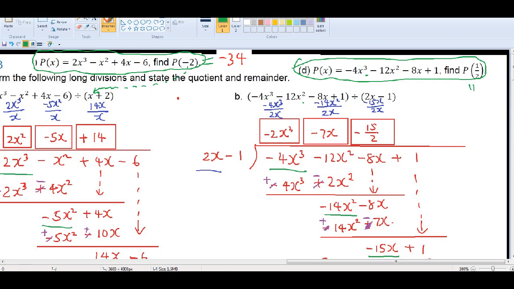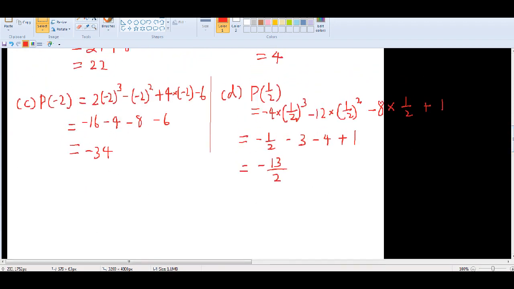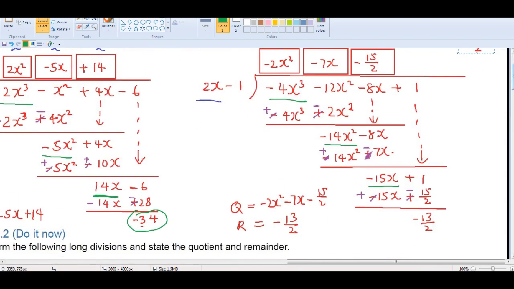From our previous work, we know it should be minus 13 divided by 2. No surprise, you see the remainder again here is minus 13 divided by 2.